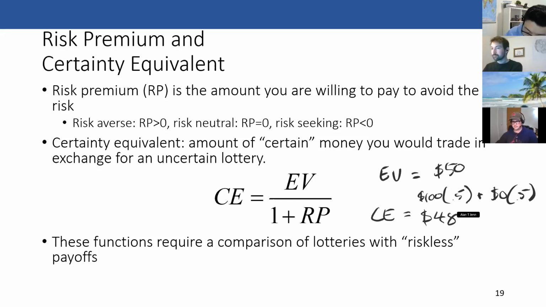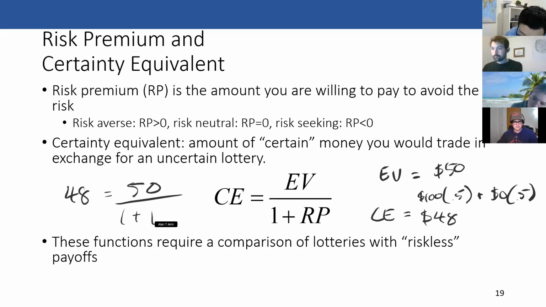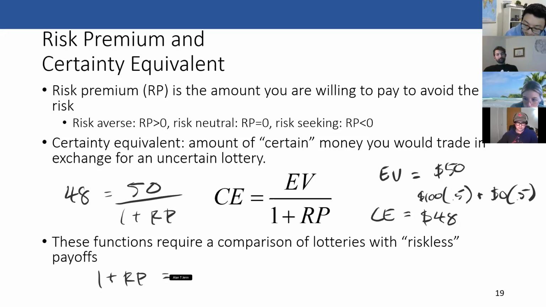So you can see here 48 is equal to 50 divided by 1 plus RP. So if I multiply across and divide by 48, 1 plus RP is equal to 50 over 48.